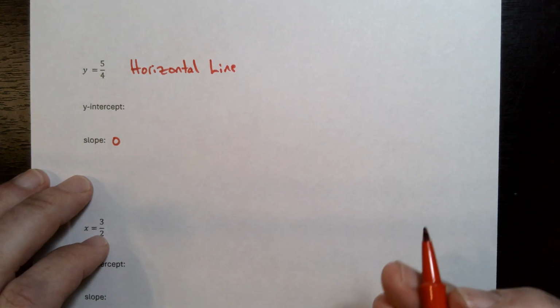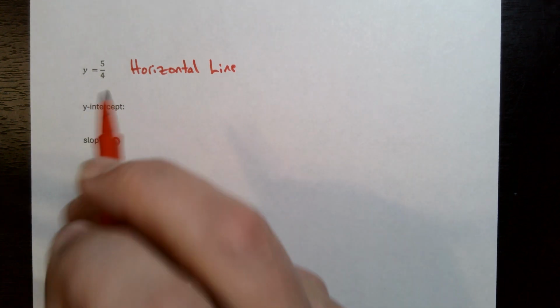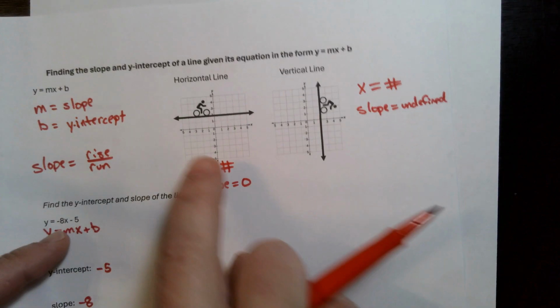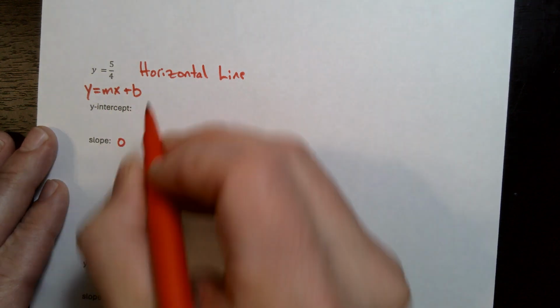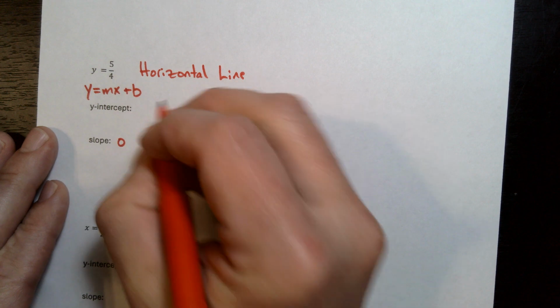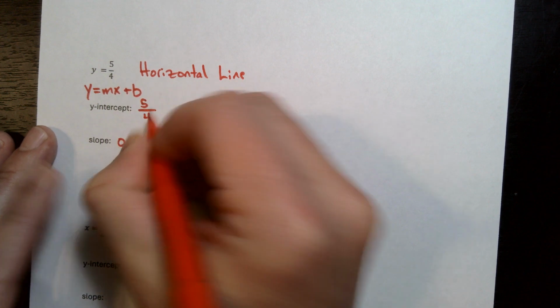And the y-intercept will be whatever this number is, because just like this, it goes through whatever that number is on the y-axis. So since we don't have an x, you can think of it still as y equals mx plus b. We don't have an x, so we don't have this term, but we do have a b, that's this number, so 5/4 is our y-intercept.